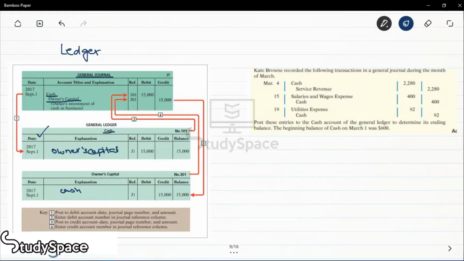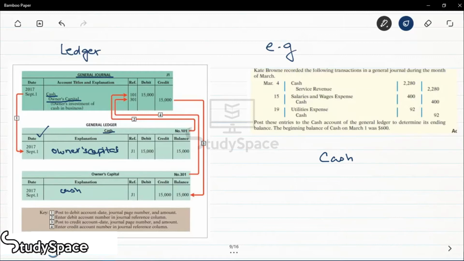Now this is the very basic format of a ledger account, and the purpose of a ledger account is to find out the remaining balance after all the month's transactions. So we can see an example here from a previous example that we did, which was Kate Brown. Now in this example, they're asking us to construct a cash ledger account.